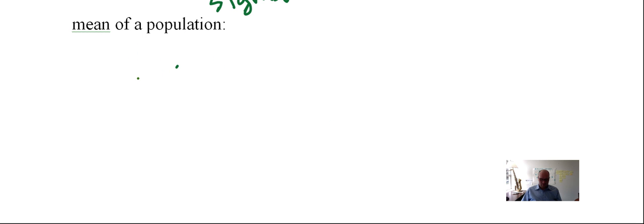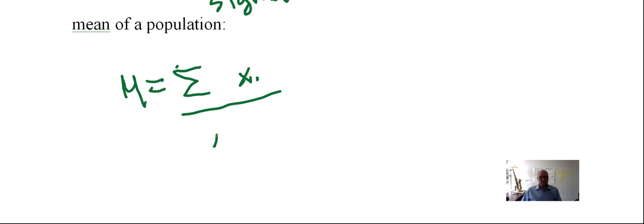Alright, so let's write what a mean of a population would look like using this notation. If we're talking about populations, we use mu. So mu equals the sum of a whole bunch of numbers, the xi's, divided by big N. Here's our xi's, and we write i equals 1 to big N. This is the sum.